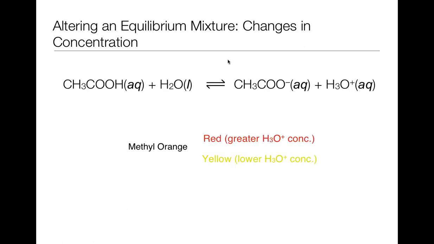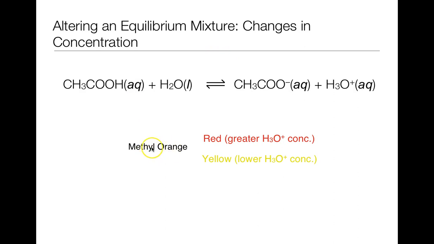So the reason why we have this slide in here is this is one of the reactions that you'll be doing today if you've done it, or tomorrow in the lab, of looking at how you can actually visually inspect how a reaction pushes to one side or the other. So we have an indicator. We can go over this more in lab if you're interested in it.